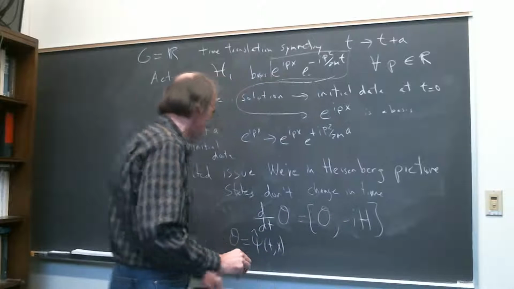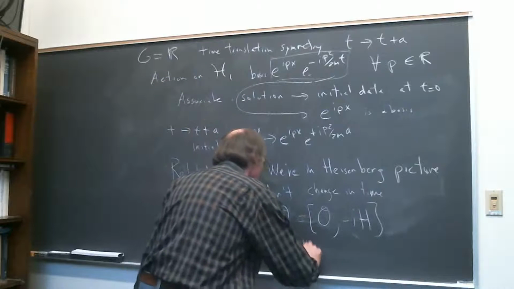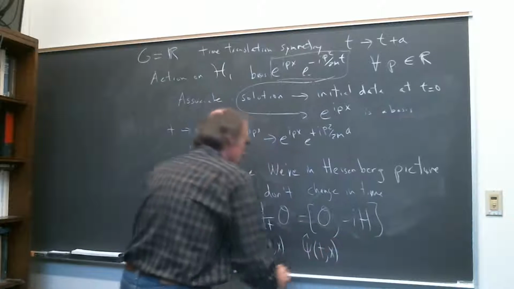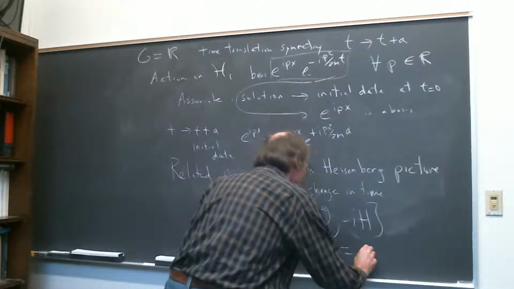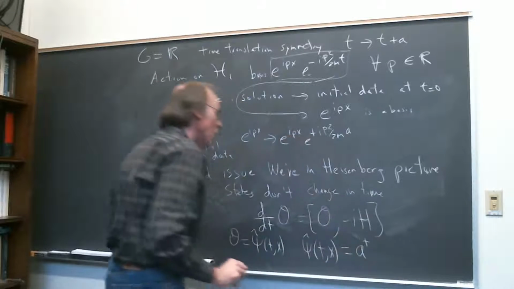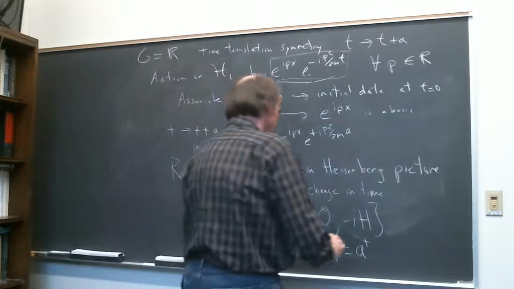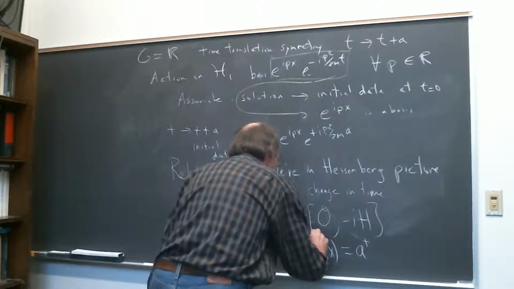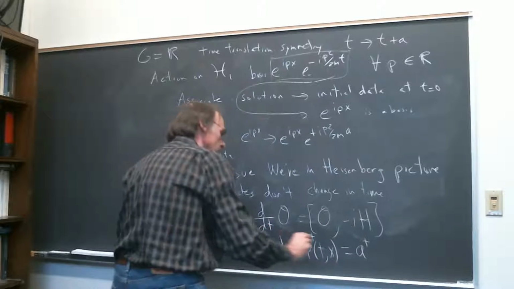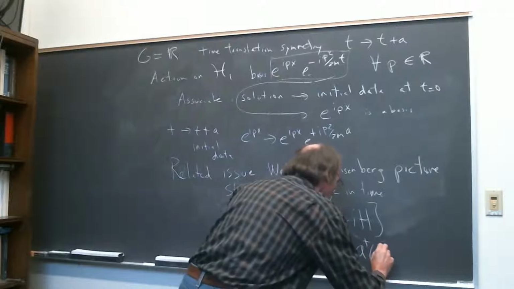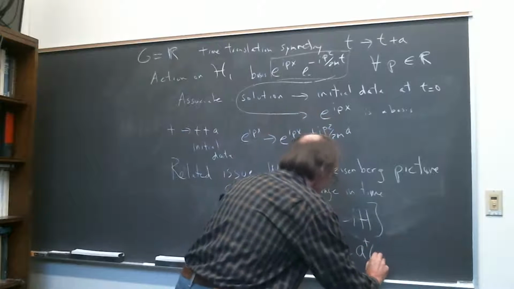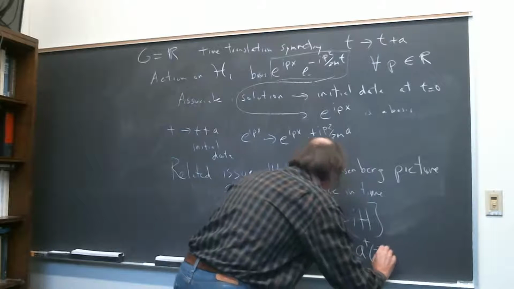If you work this out, you find out that the field operator x is equal to A hat of the one that's at time t.